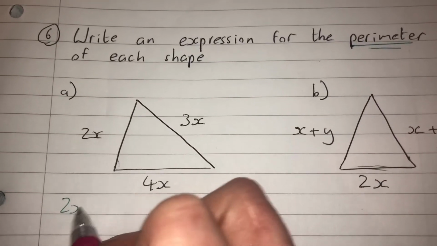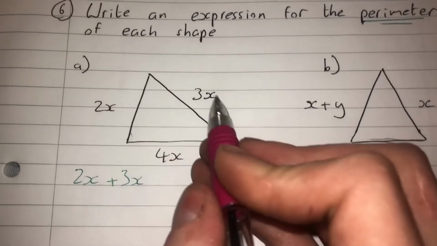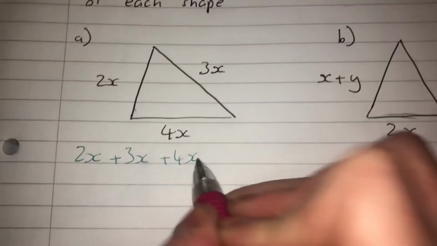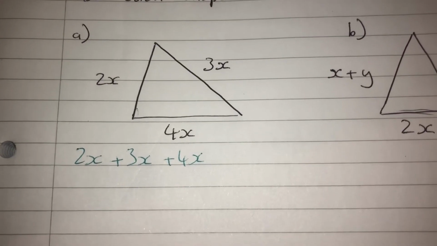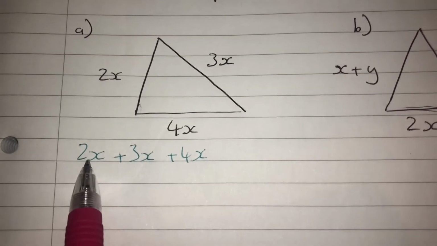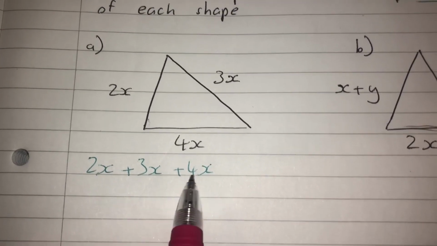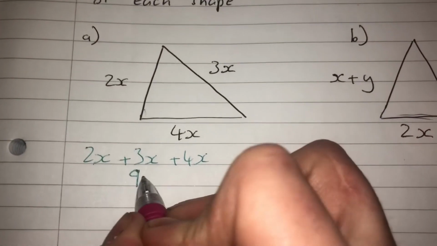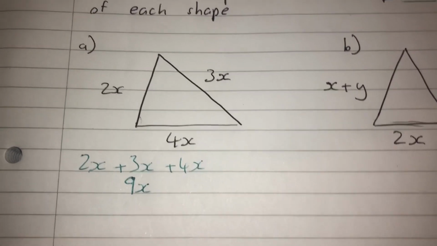So you would write that out as an expression, 2x plus 3x plus 4x, that's the three sides added up. And also what you'll be asked to do in this type of question is to simplify. So again, thinking back to our video of collecting like terms, 2x plus 3x is 5x, plus 4x is 9x. So it's again where algebra is now coming into this topic of perimeter.